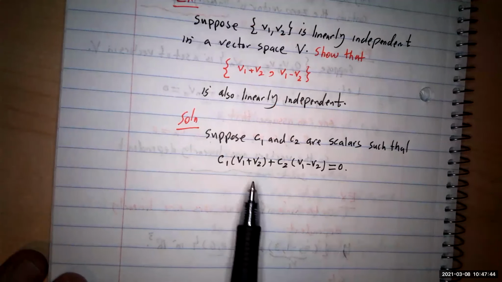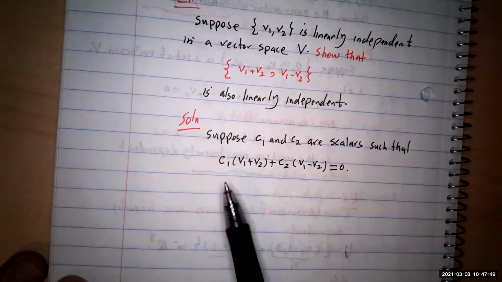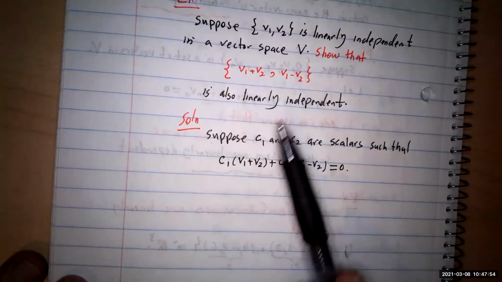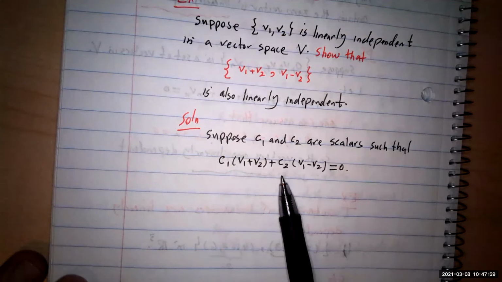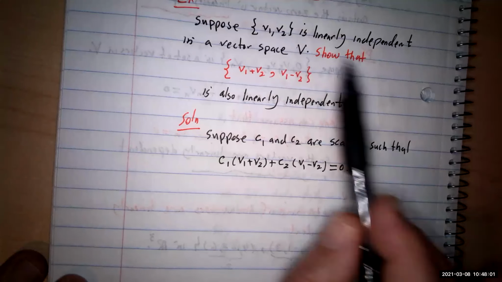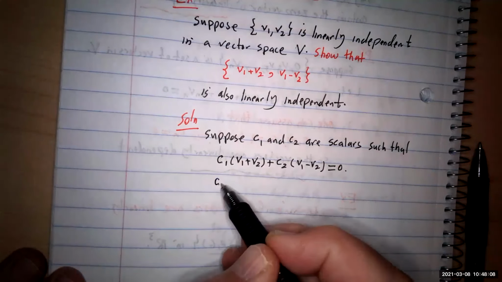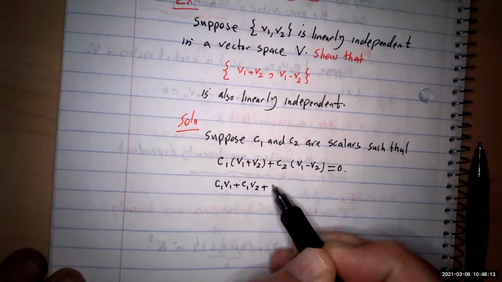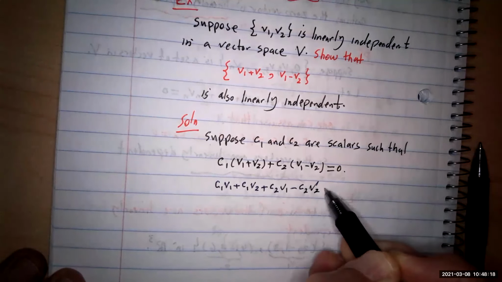Now you want to prove that C1 is equal to 0 and C2 is equal to 0. You assume this, and the order of the proof is important. This is the one that you want to prove, so you assume this is given, then you prove that C1 is 0 and C2 is 0. You have to connect it to the original one. A little bit of algebra will do it for you. Expanding, that gives C1 V1 plus C1 V2 plus C2 V1 minus C2 V2 equal to 0.